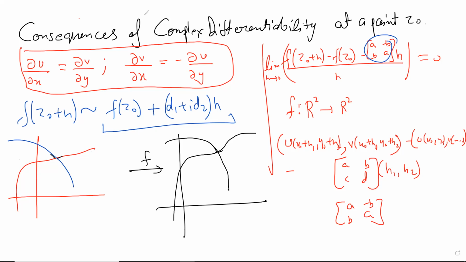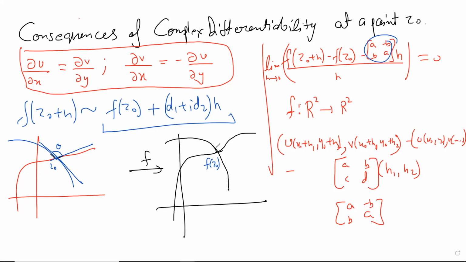What are we trying to say? If you fix this point z0, and if you look at this point f of z0 plus h, you can look at this tangent, and you can look at this tangent, and then you get a certain angle. So this is theta, and then we were trying to understand what this is.